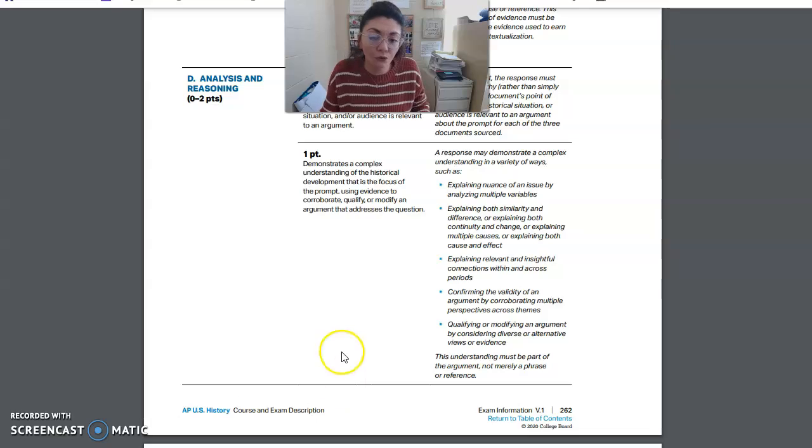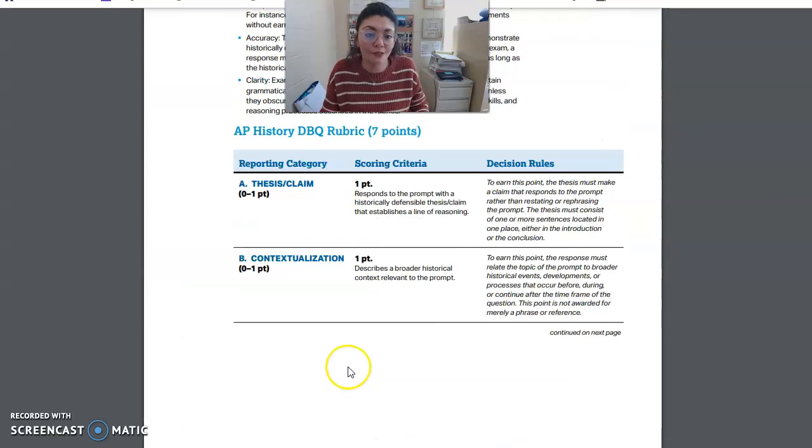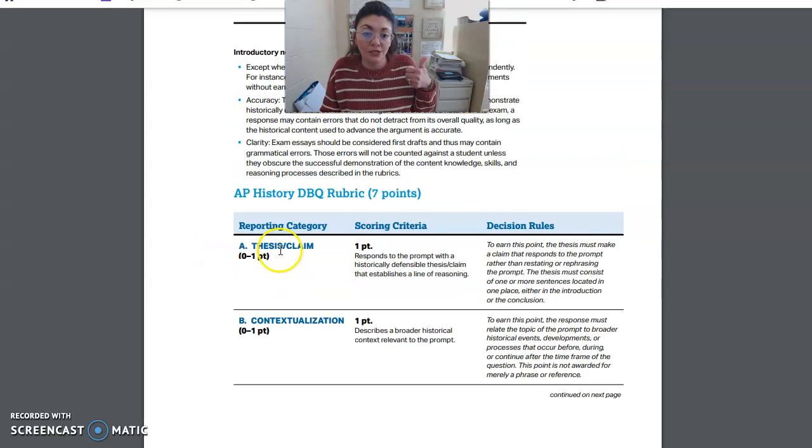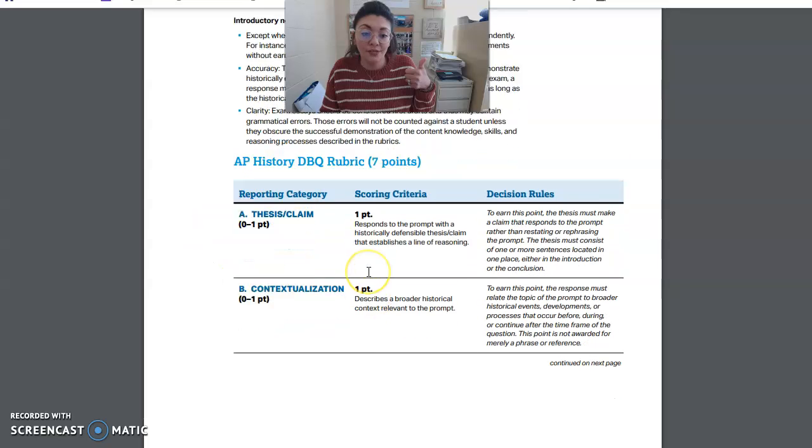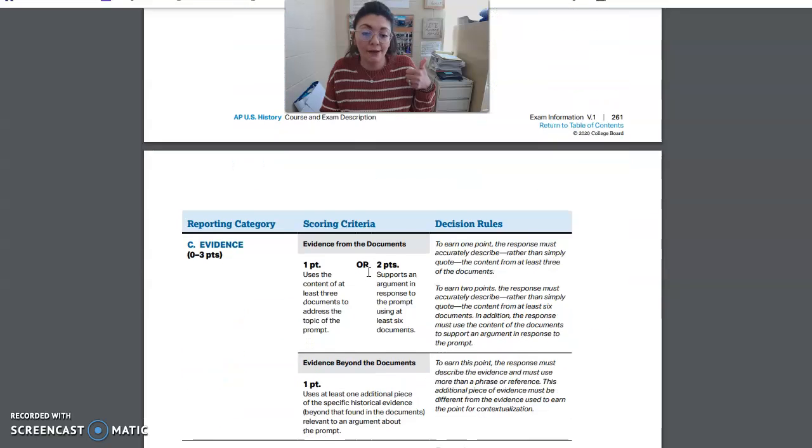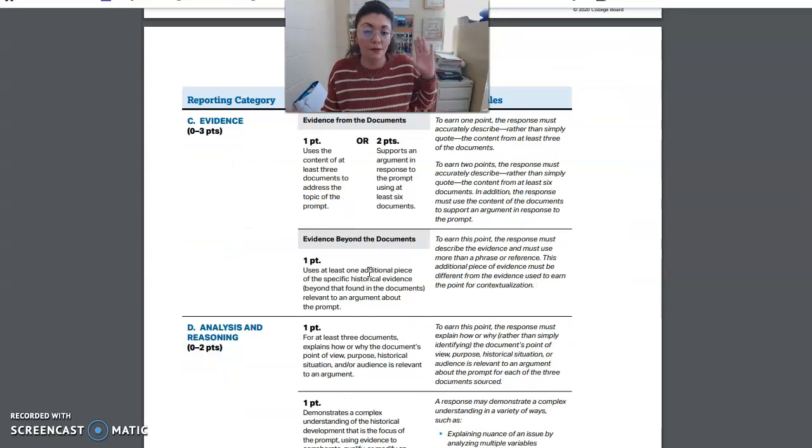So an overview here of the 7 points. Let's go through that again. Starting with contextualization, you want to open your essay with contextualization, then at the end of the first paragraph, thesis, and then your body paragraphs should all be focused on supporting that thesis statement by analyzing at least six of the documents, including one piece of outside evidence.